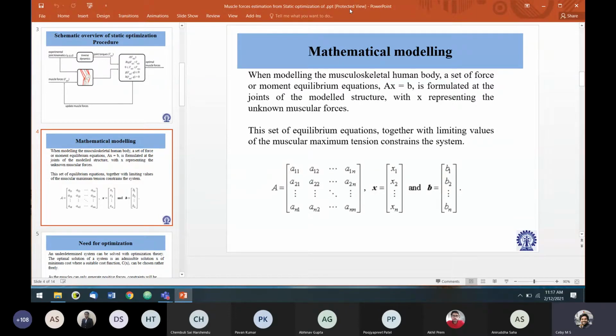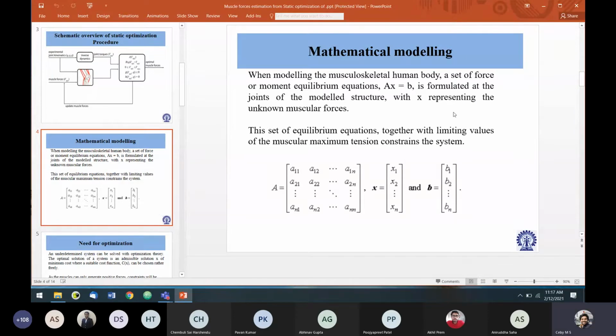Depending on the necessity, you can make a single equation or a three by three set of equations using the force as well as the moment equations. If it is 3D, then more equations will come into the picture since we have more degrees of freedom. That's up to the model, whether it is 2D or 3D. So A will be the coefficient matrix, x is the unknown muscle forces, and b is the right hand side of the equation, which is obviously 0 since it is static equilibrium.